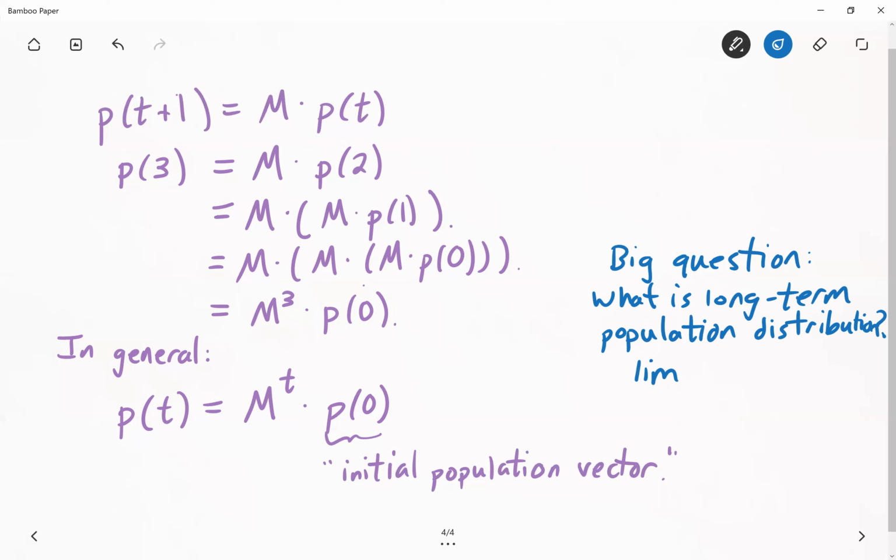In kind of calculus-related terms, you could even write it like this. As time gets larger and larger, as time approaches infinity, what happens to P of t? Right, this is the question we'd like to answer. But in order to answer this, it would help to have a way to calculate powers of a matrix. Fortunately, using some techniques that you've learned previously, such as calculating eigenvalues and eigenvectors and using them to diagonalize a matrix, we'll be able to answer this question.